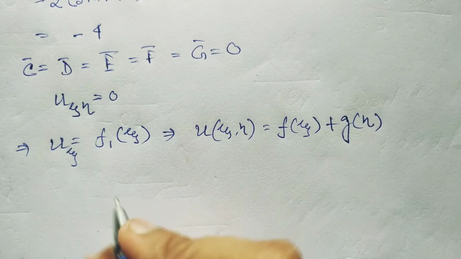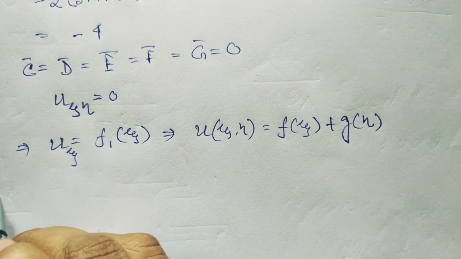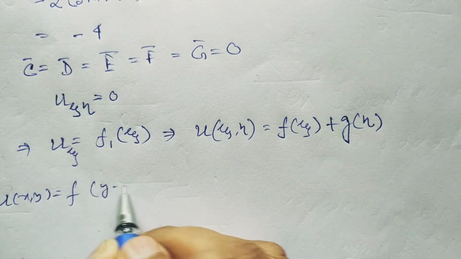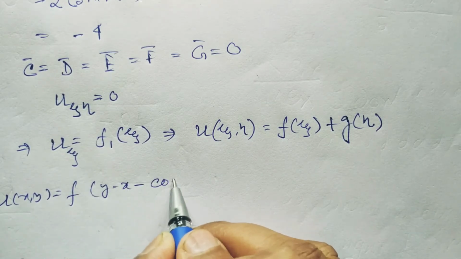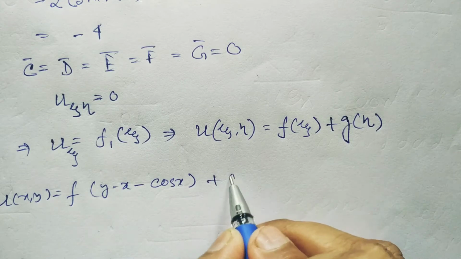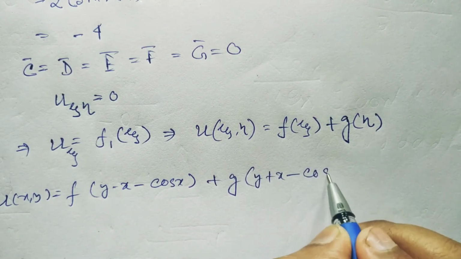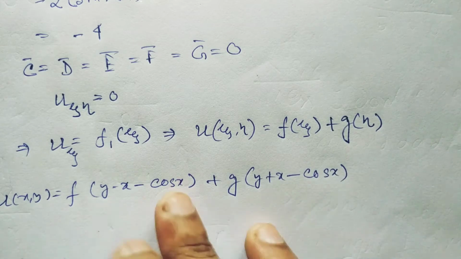So ultimately we can write our solution u of xy is equal to f of y minus x minus cos x plus g of y plus x minus cos x. So this is the solution.